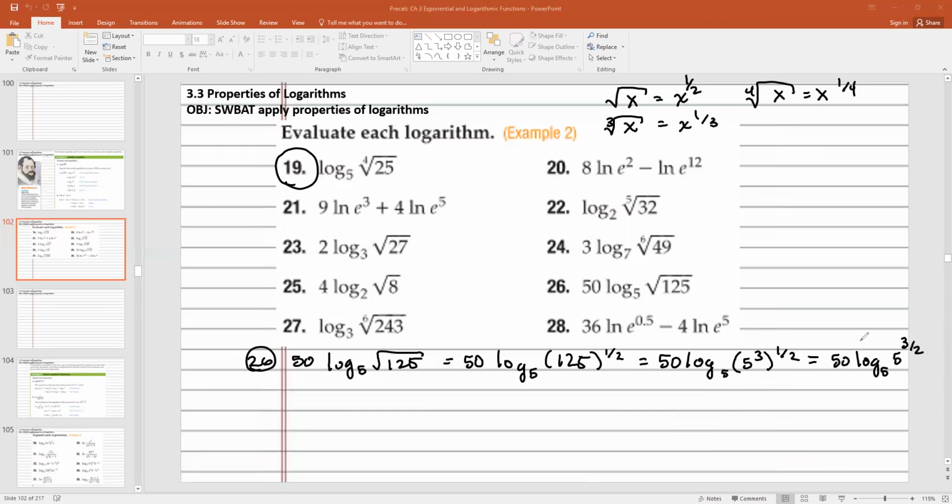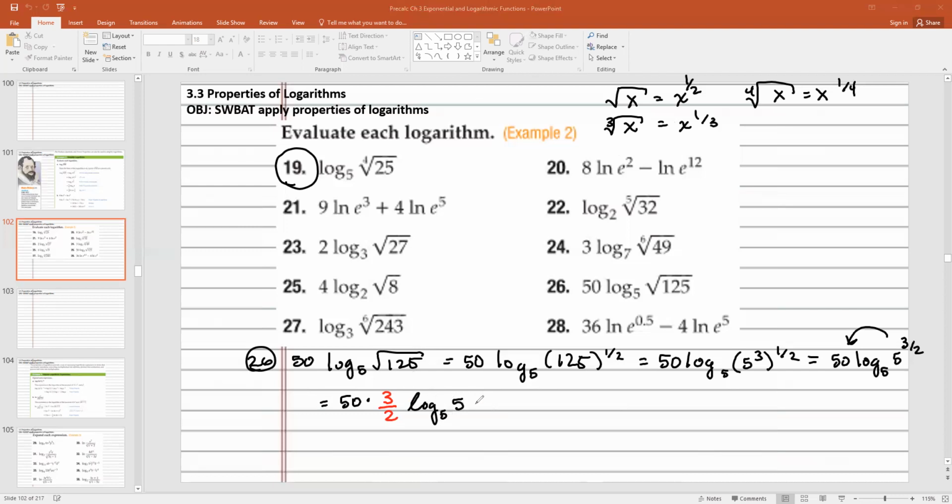Now the power property of logs, we bring that power to the front. That becomes 50 times 3/2 times log base 5 of 5.